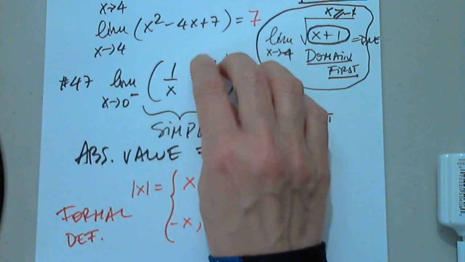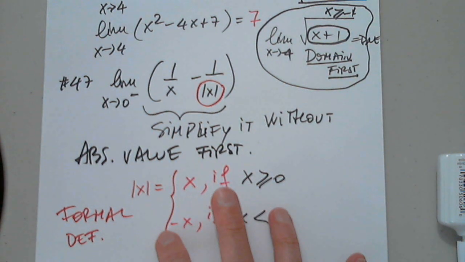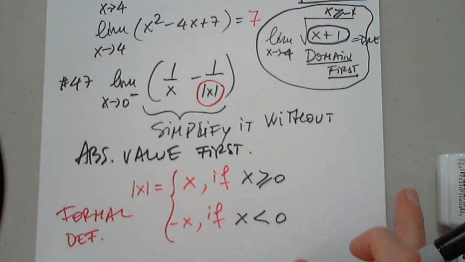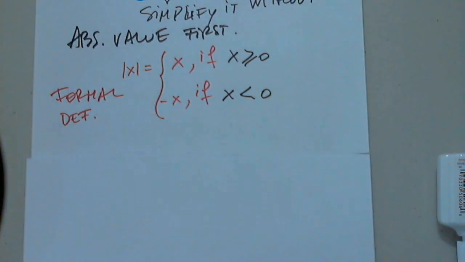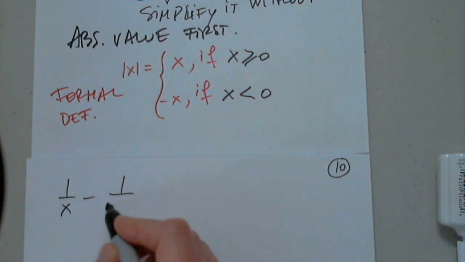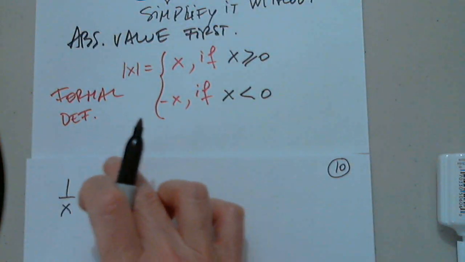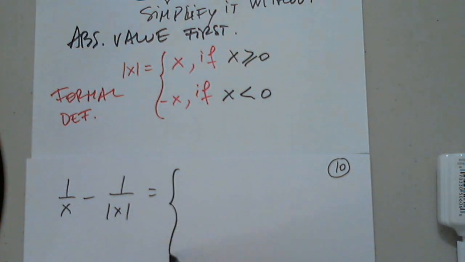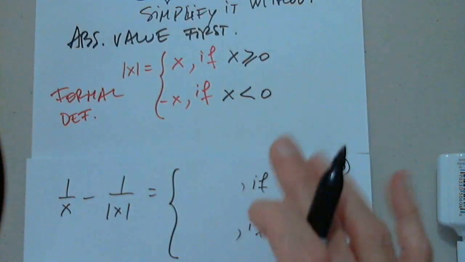Now we can build the function after we set up the absolute value of x. Knowing this, we can build the function. Let's do that. That's our next step. So then 1 over x minus 1 over the absolute value of x. Because the absolute value of x has two options, this function will also have two options. Do not write these yet. Don't rush.